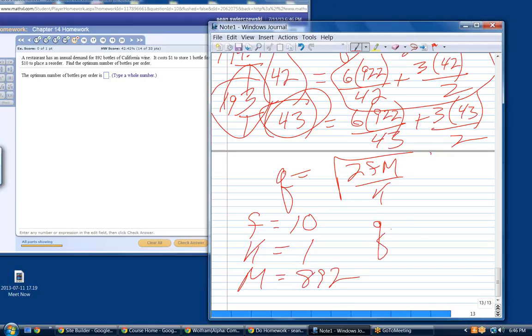So we want the square root of 2 times 10 times 892 all over 1. So what's the square root of 20 times 892? 134.